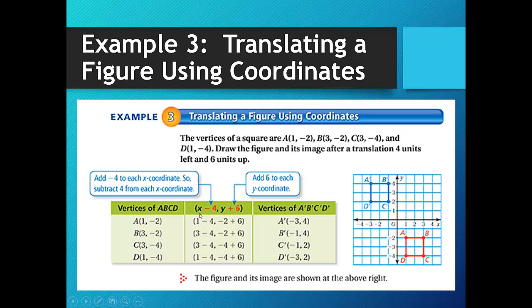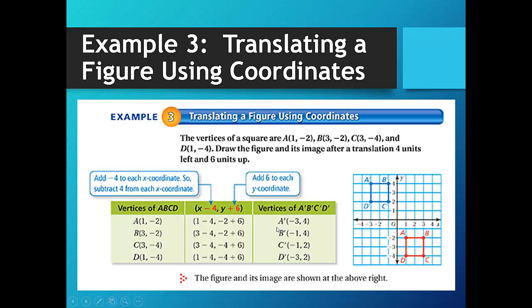That's going to be where we're adding 6. So we're going to take our x values and subtract 4 to get our A prime, B prime, C prime, and D prime, our new coordinates. And then we're going to take our y values and add 6. So if we're starting out for A and we have 1, we're going to do 1 minus 4 and get negative 3. And then for y, we have negative 2, so we're going to take negative 2 plus 6 and get positive 4.